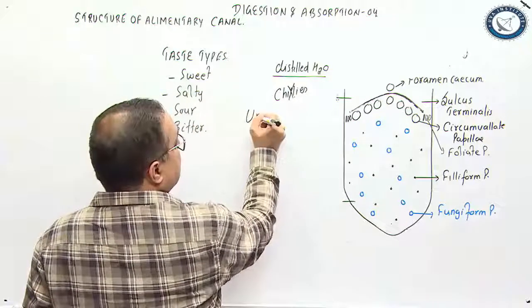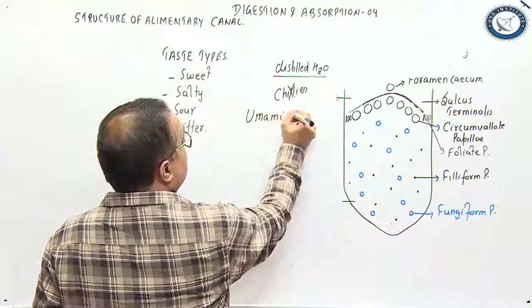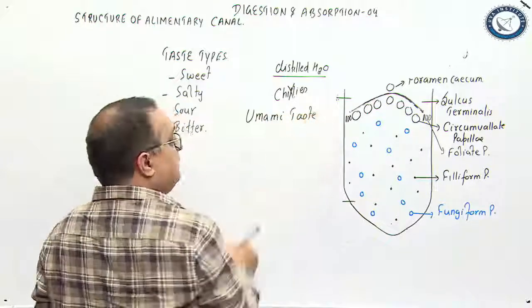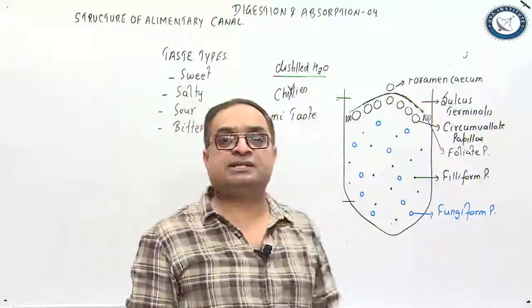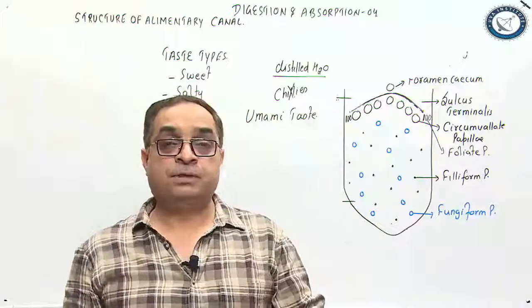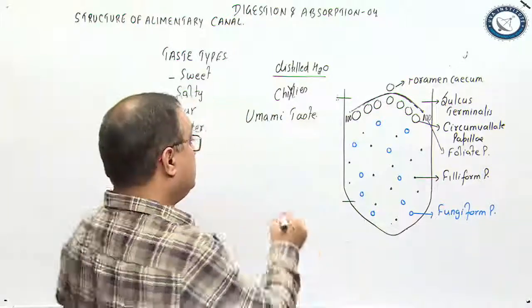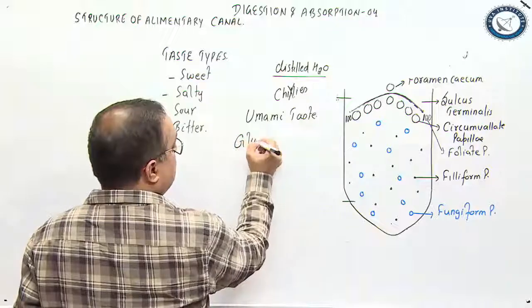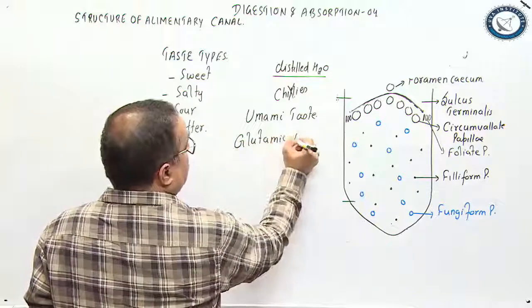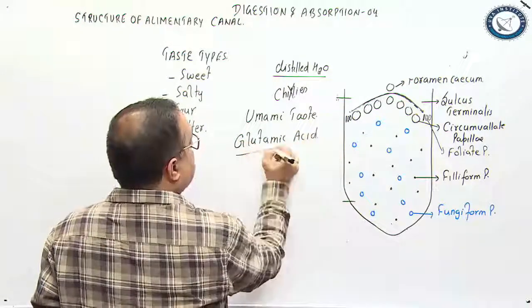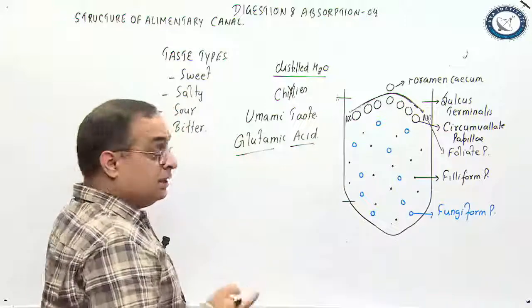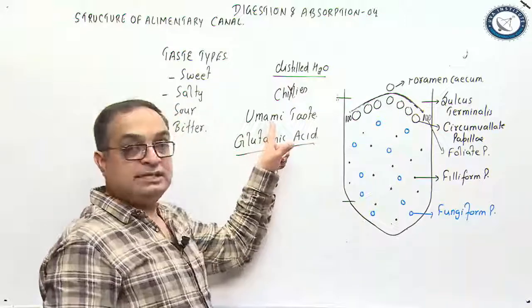There's a recently discovered 5th taste called umami taste. Umami is a Japanese word. It means extremely delicious. Food substances which are rich in glutamic acid, an amino acid, like the non-veg diet, give you umami taste.